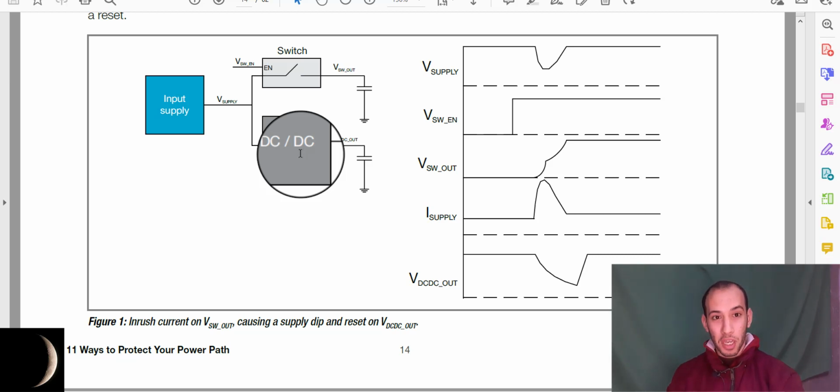As you know, if you restart or shut down the FPGA, you will lose the configuration file and you will have to re-upload it to your FPGA. So this is the problem of the dip in voltage.